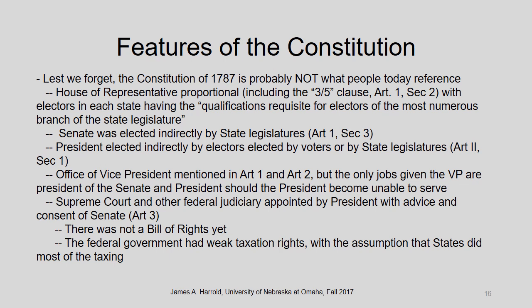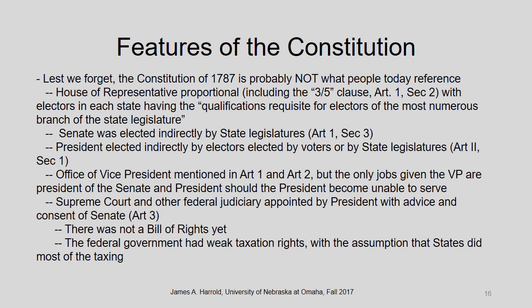But what if Adams had really enjoyed the job of vice president and had become something like the spokesperson for the Senate and established that precedent? What would have happened in the future? Would we have had a prime minister, as in a vice president, and a president? It's open to question.